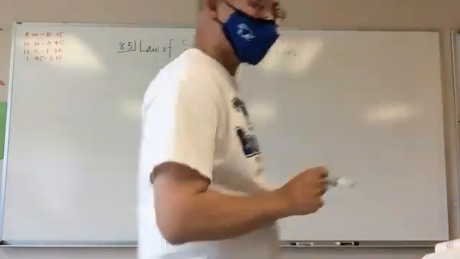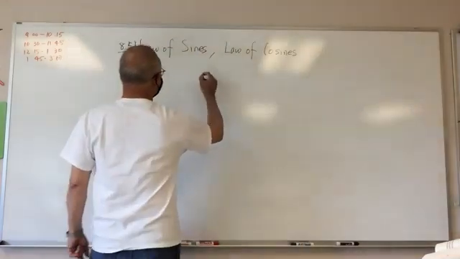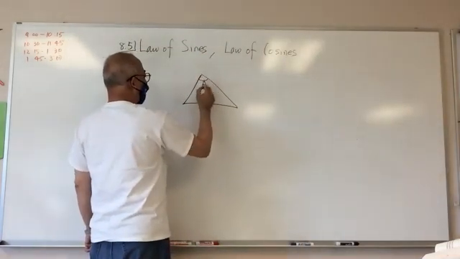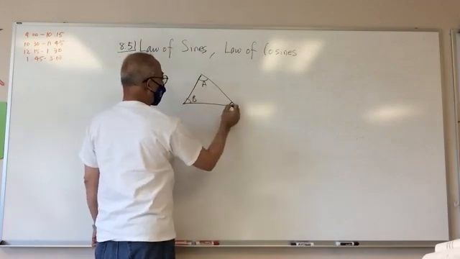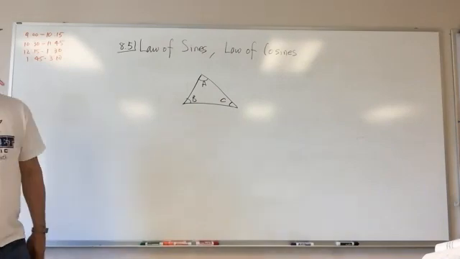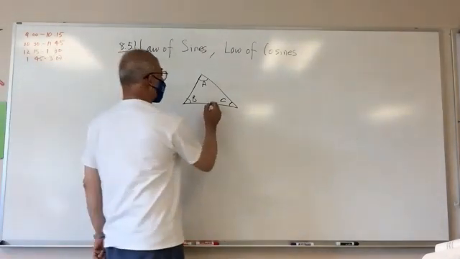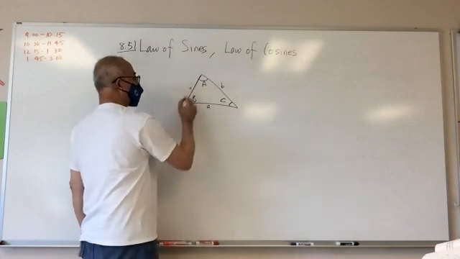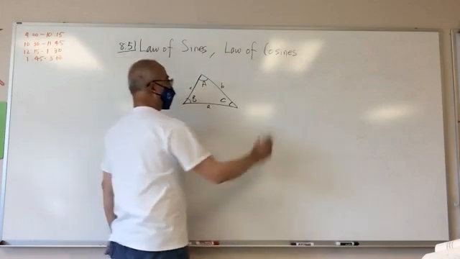Before we do example number 2, we're going to do the law of sines. The law of sines says that for angle A, angle B, angle C, the opposite sides are going to be small a, small b, and small c.